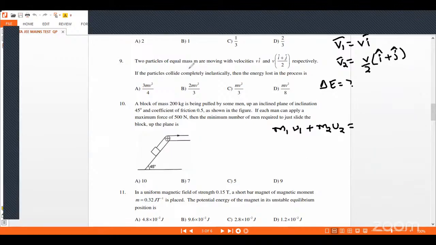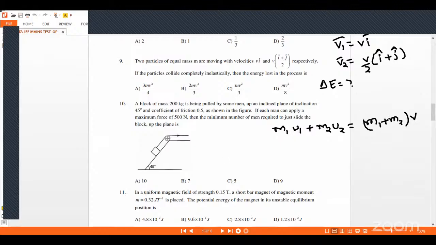If the particles collide completely inelastically, that means both the particles will move with a combined velocity.